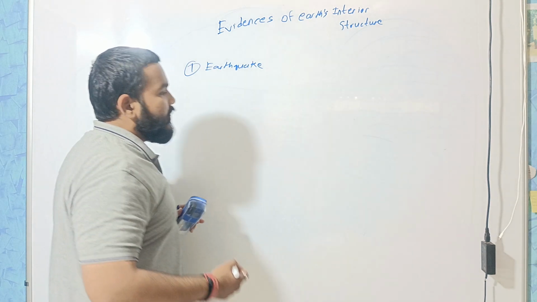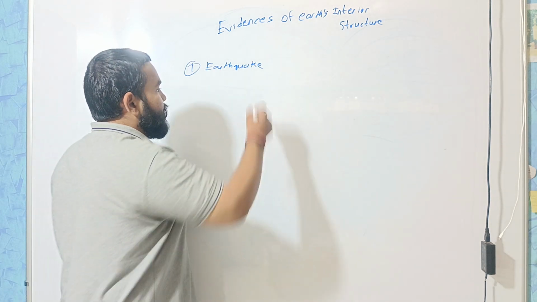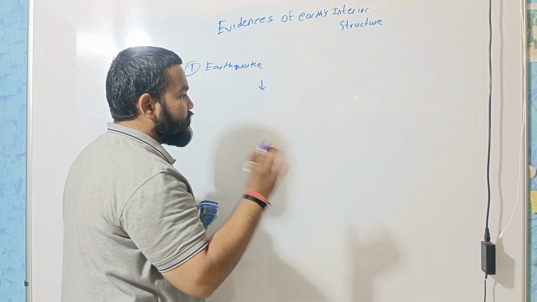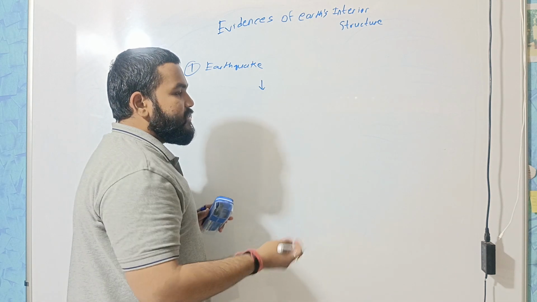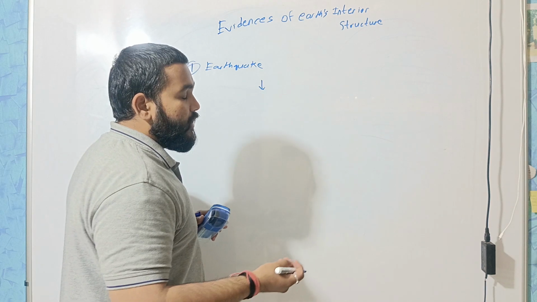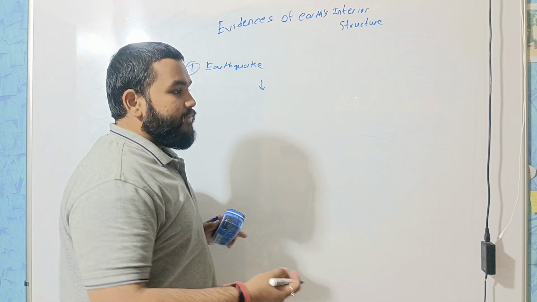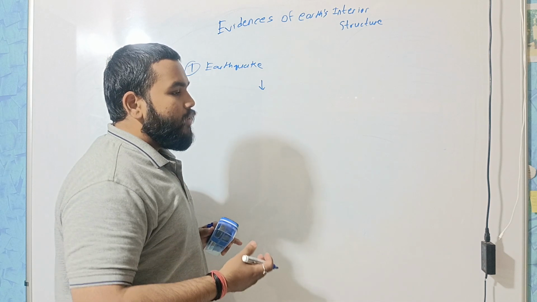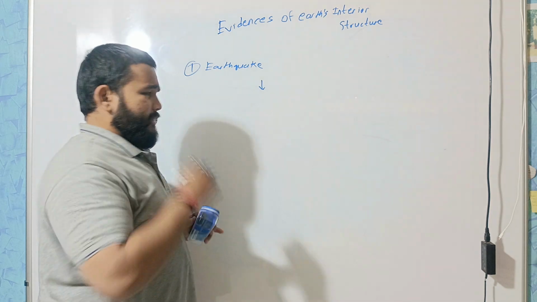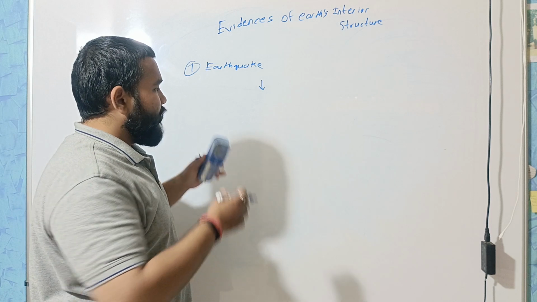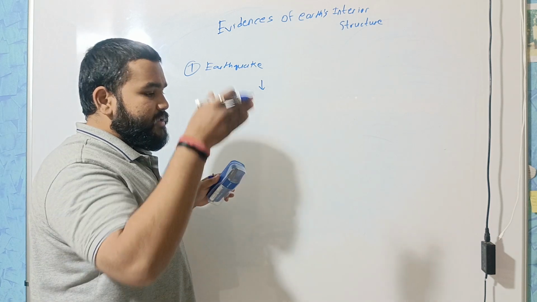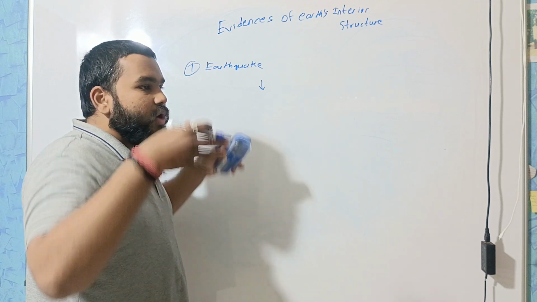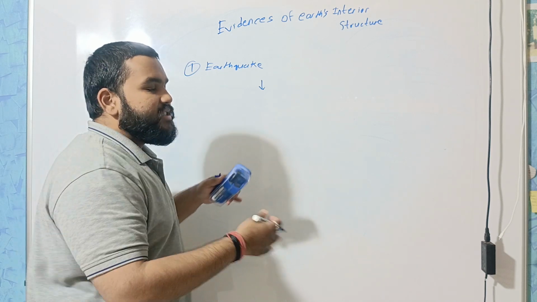In earthquake, we can say that if we put a Richter scale or seismic wave instruments, and measure the seismic radiation, the seismograph, if we observe the seismograph, then we could easily know that where there is much liquid, the seismic waves travel very slowly, and where there is solid, seismic waves travel very fast.